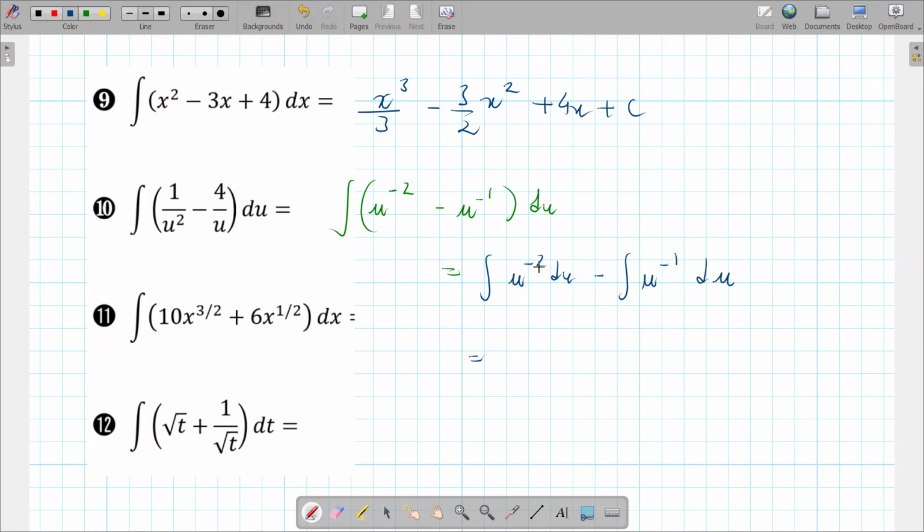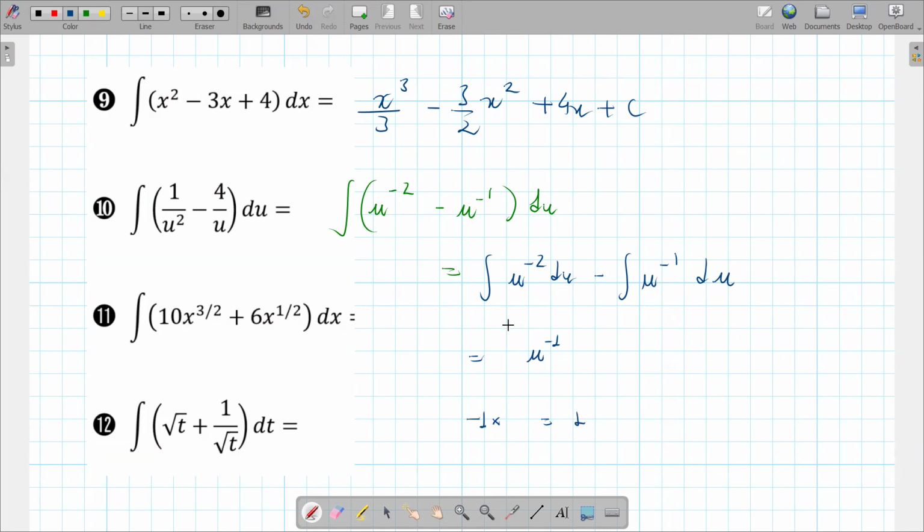All right, what's the integral of u to the negative 2? It's u to the negative 1. Okay. When you would take the derivative of this, you'd get negative 1. But here we only have a 1. So what did we multiply this by?